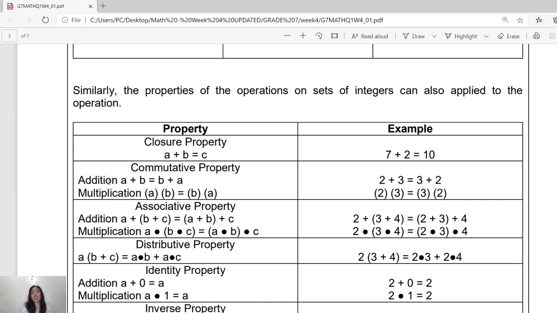For example, 2 plus 3, if you change the order and write 3 plus 2, the answers are just the same. So that is applying the commutative property for addition. It is true for addition.